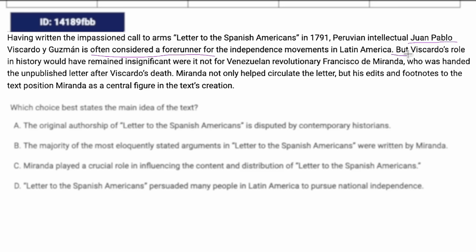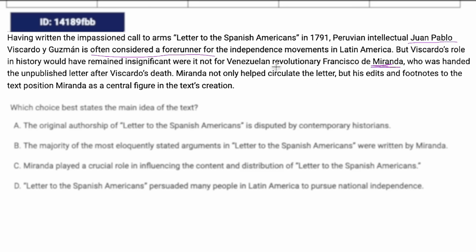But then we get a but, so we know that this is going to be contrasted. This guy's role in history would have remained insignificant if it were not for Miranda. So in the second sentence, we realize the focus here is actually going to be on Miranda. Then we get that Miranda was the one who handed the unpublished letter.